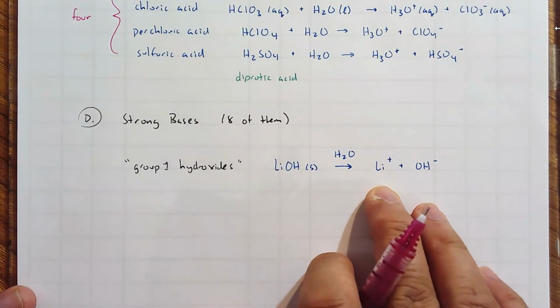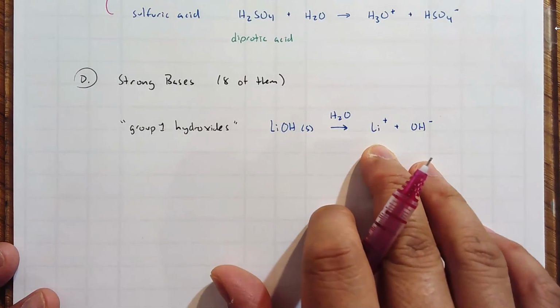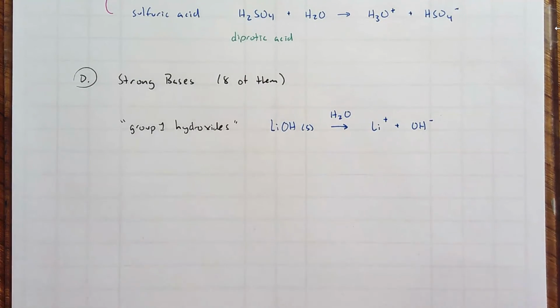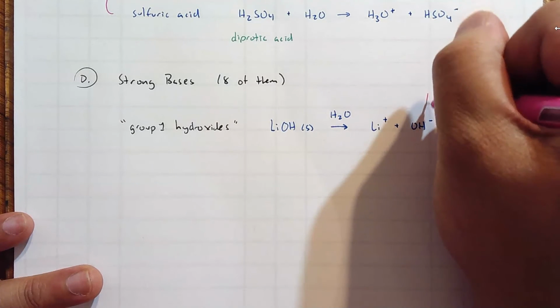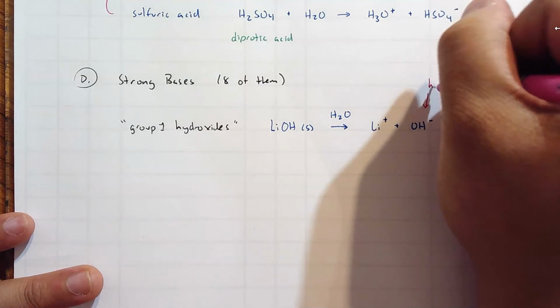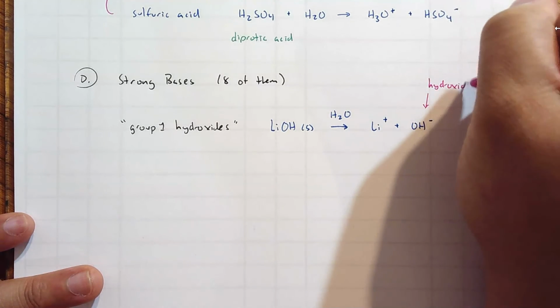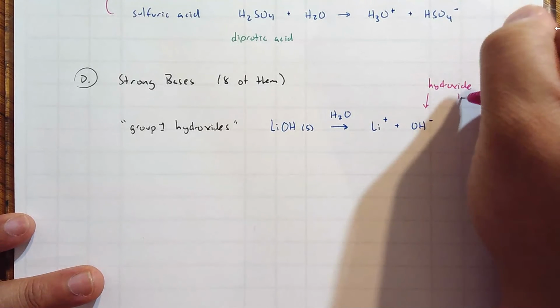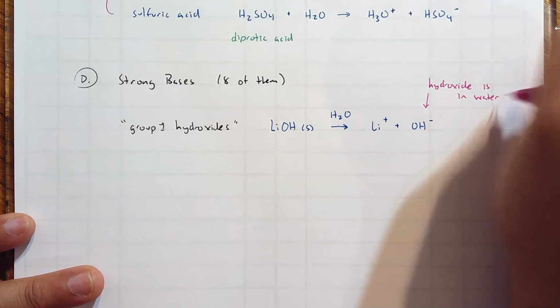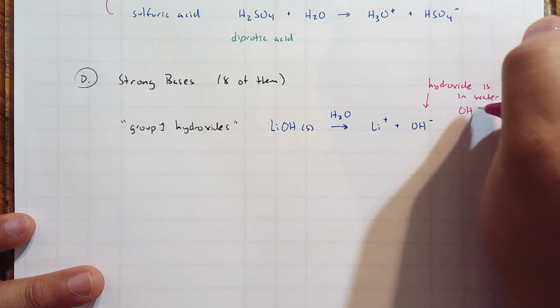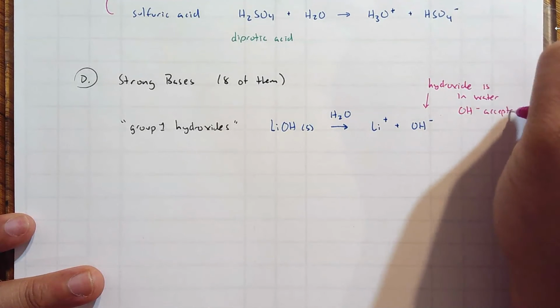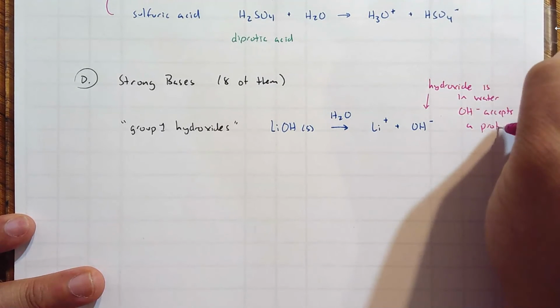Well, I don't literally see a proton being accepted. What's accepting a proton? Well, again, we have to be kind of flexible with the formatting. This is a hydroxide. And when a hydroxide is in water, it's actually this that accepts a proton. OH accepts a proton.